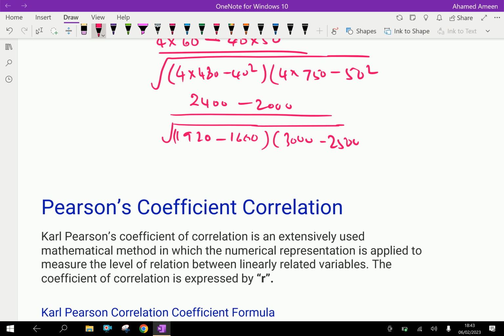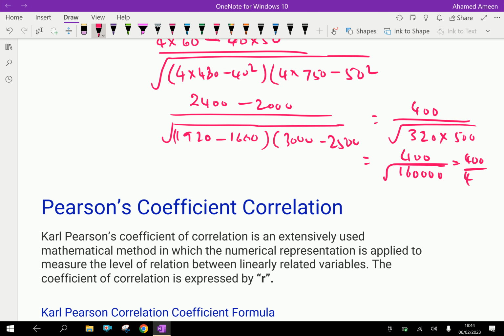This is equal to 400 over the square root of 320 into 500, which is 400 over the square root of 160,000, which gives 400 over 400.